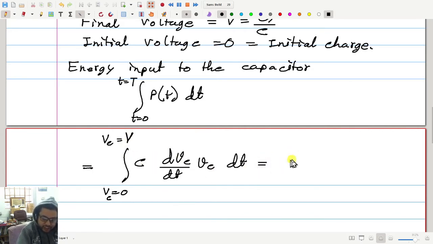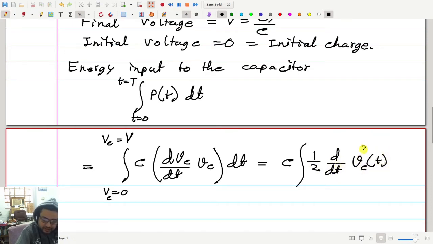Now C is a constant, so we can write it outside the integration, and this quantity can be written as half d/dt of Vc squared, and dt as it is. If you differentiate Vc squared, you will get this quantity. So this can be written like this.